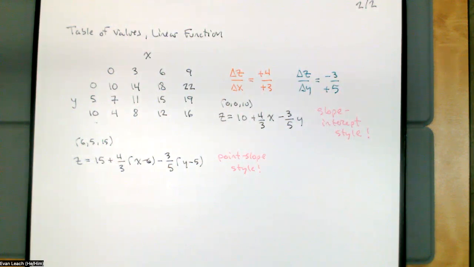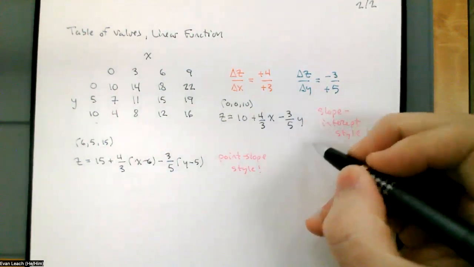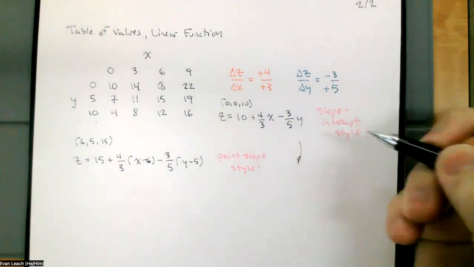We could also write this in standard form. Multiplying to get rid of any fractions, to try to get all integers if we can, and then put everything on one side. If I used slope intercept, it's easiest to put into standard form.